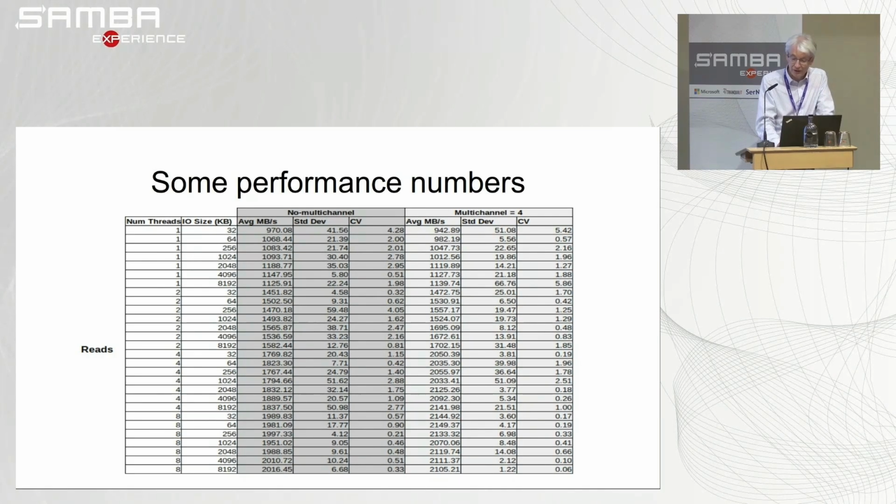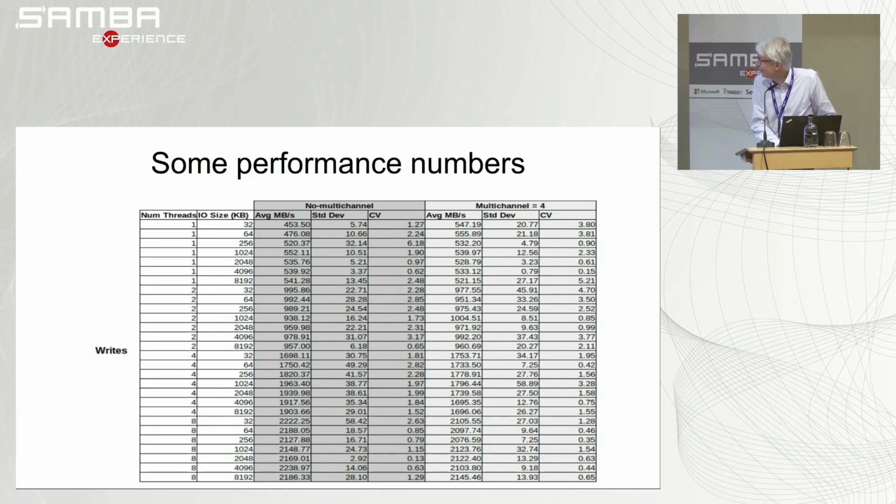And I have a similar chart for writes, but it looks kind of worse even. Right? So there's no significant advantage for multi-channel, even in this good case where we have number of threads matching number of available channels. There's no advantage here.